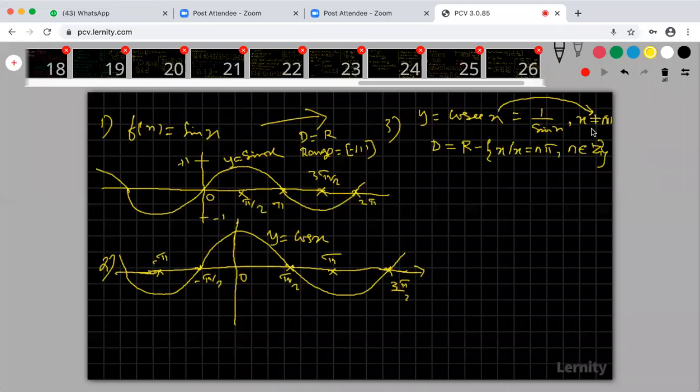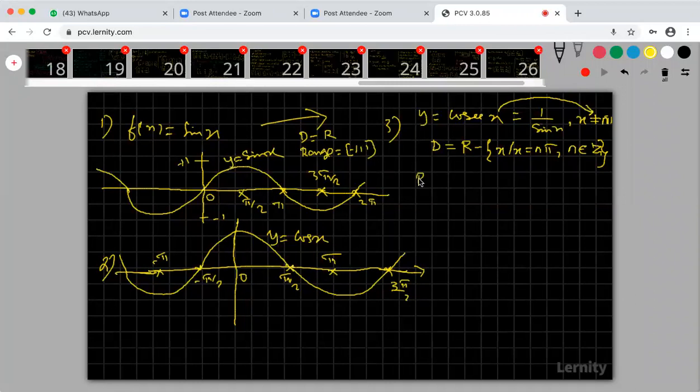If x is equal to n pi, then sin n pi is 0, and 1 by 0 is undefined. That means cosecant x is undefined for those values of x. So you remove those values from the real numbers. For the remaining values, the function can be defined. Therefore y is equal to cosecant x is defined only for these real numbers except those values. That is called the domain.